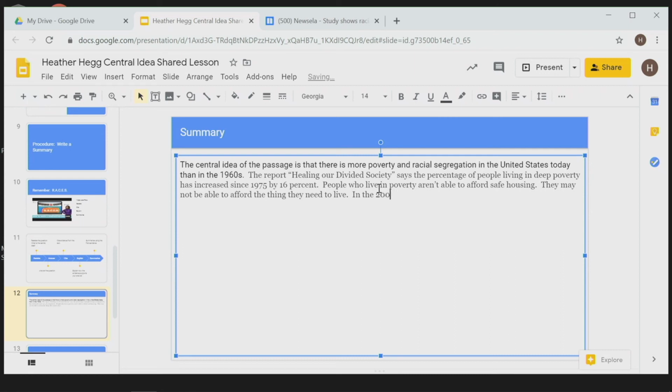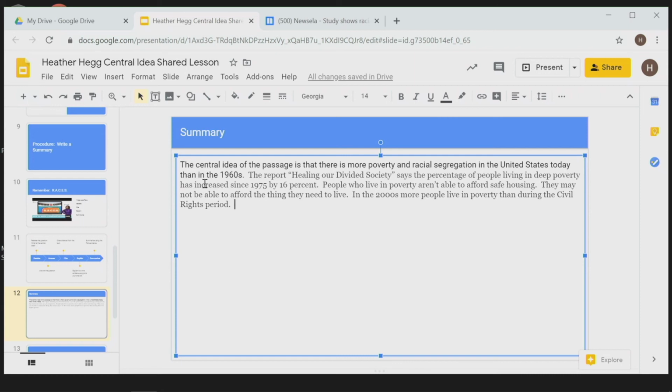Oops, I think I need, in the 2000s, more people live in poverty than, I'm going to put my knowledge of social studies, than during the civil rights era. I think that's important. So there's my summary.